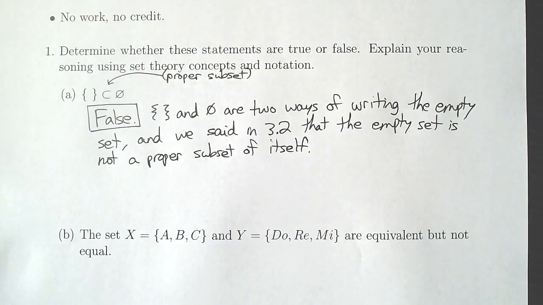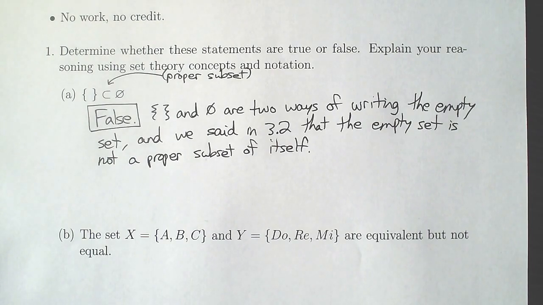It might have actually been in bold. I don't have it in front of me to check, but it was a little note, probably right when we talked about the empty set and proper subsets. A little note there that said the empty set is a subset of every set, but it is not a proper subset of itself.